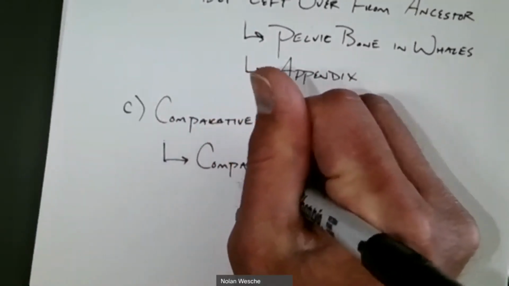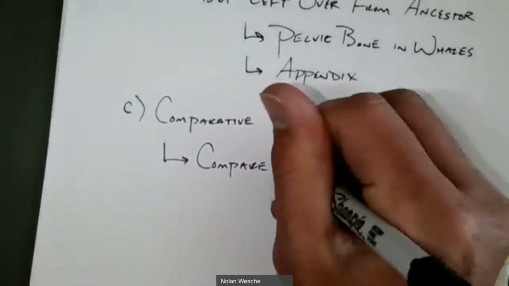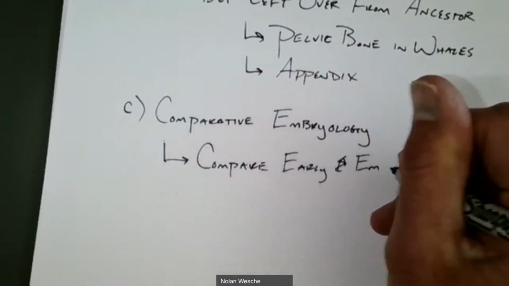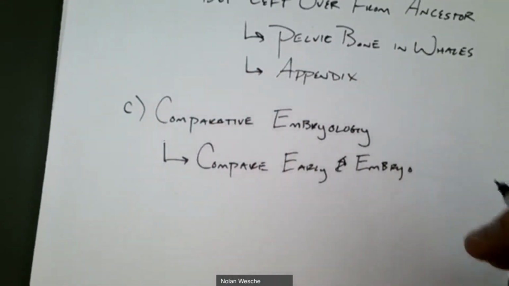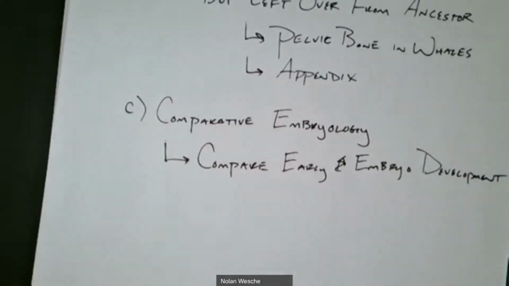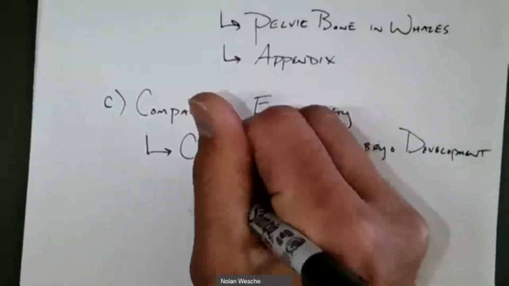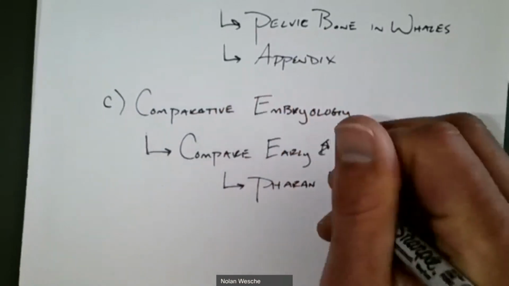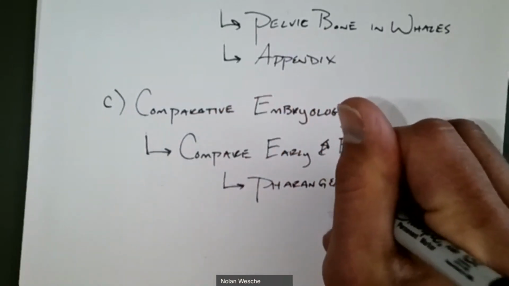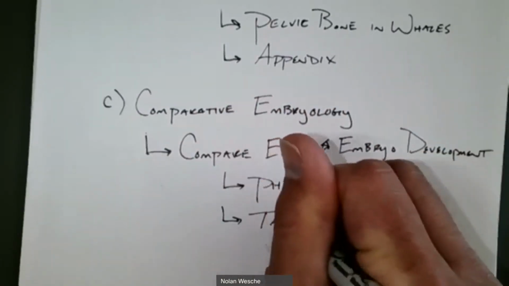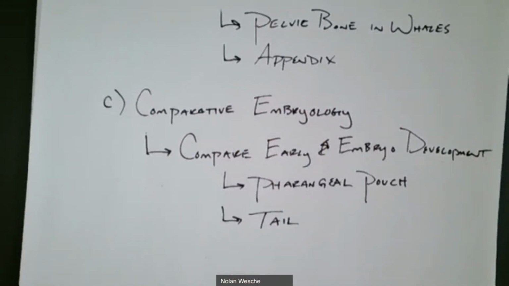We're going to compare early embryo development, and the things we're looking for are this pharyngeal pouch and the presence of this tail, right? And those would be items that would speak to recent common ancestry or common ancestry.